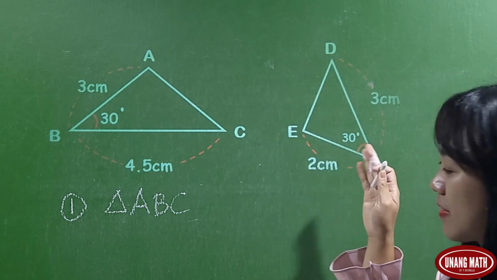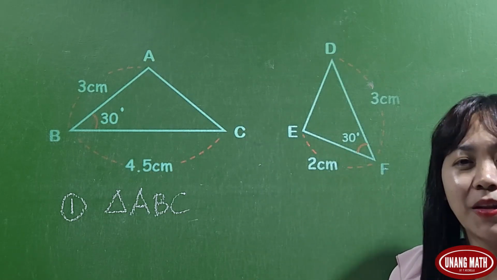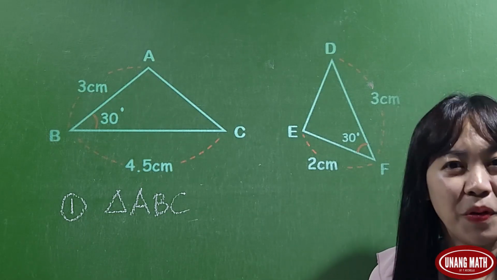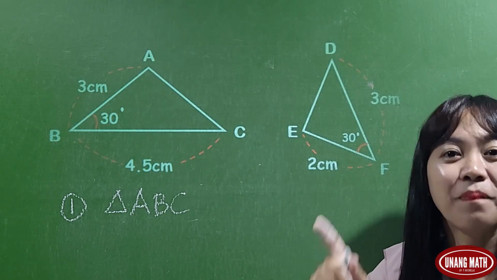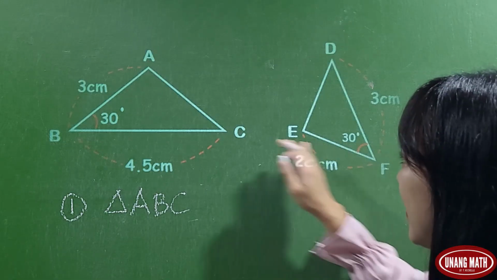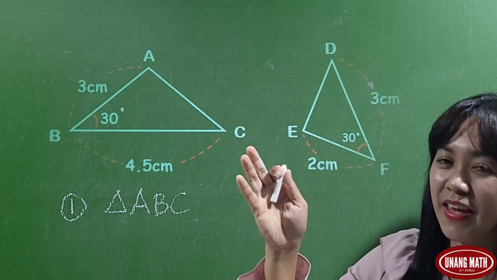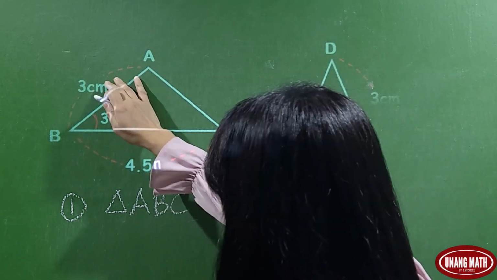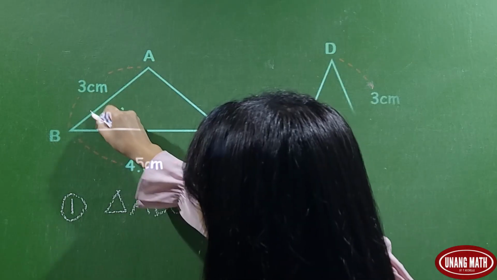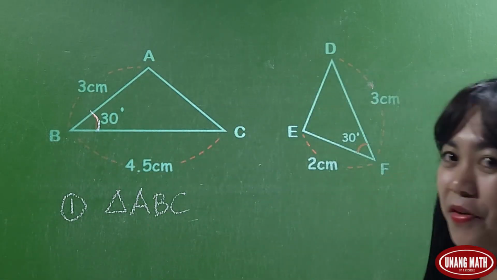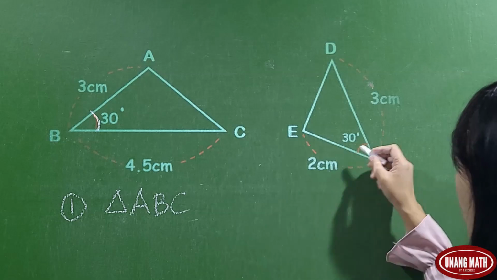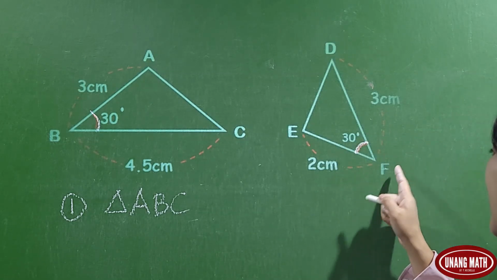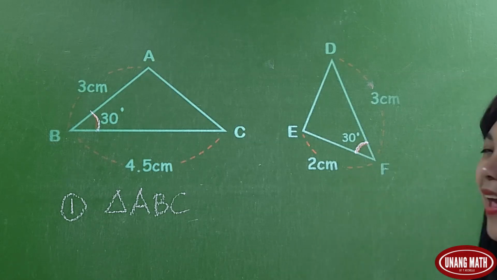What about this other triangle? Again, we have to consider the corresponding sides, points, or angles. Since we have to consider the included angle, in this triangle, angle B is 30 degrees. What about here? We can also see a 30-degree angle in this triangle, and that is angle F.